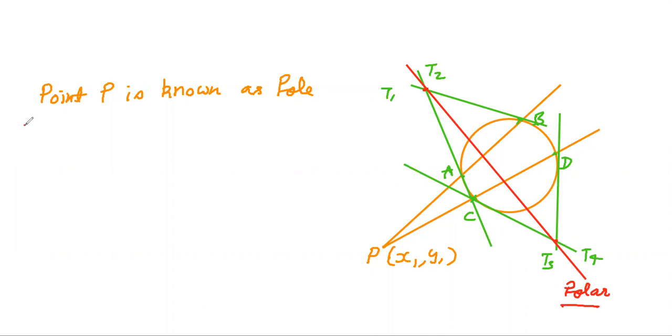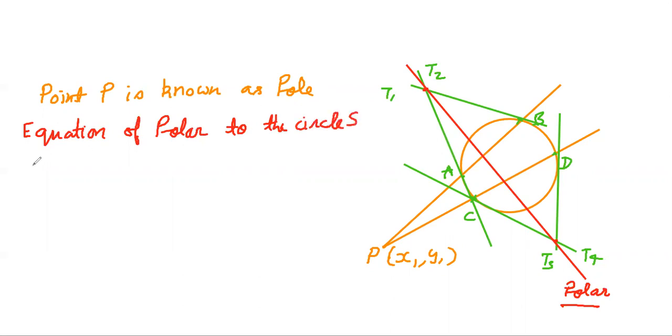So the equation of the polar to the circle S from point P(x1, y1) will be equal to what?